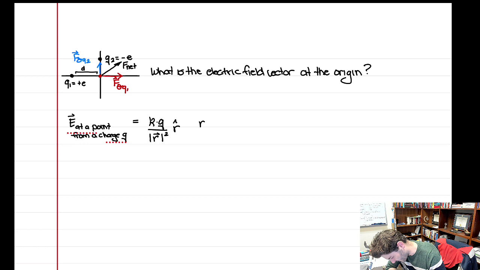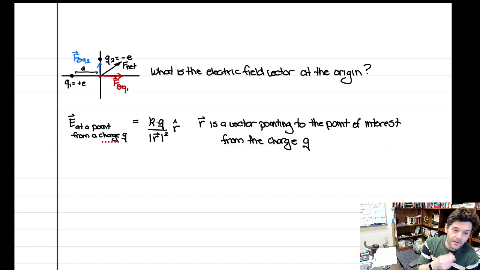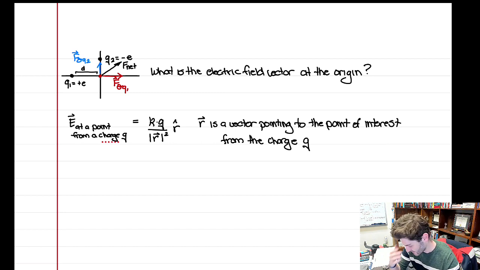Let's define r, where r in this case is a vector pointing to the point of interest from the charge Q. Which might sound very familiar, right? If there were a charge at that point of interest, this would be the same vector we were calculating to calculate a Coulomb law force.